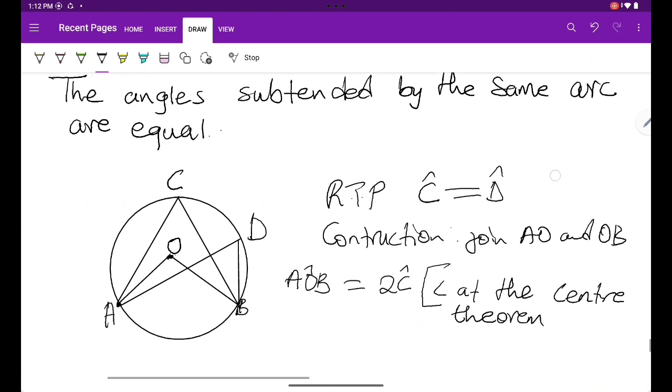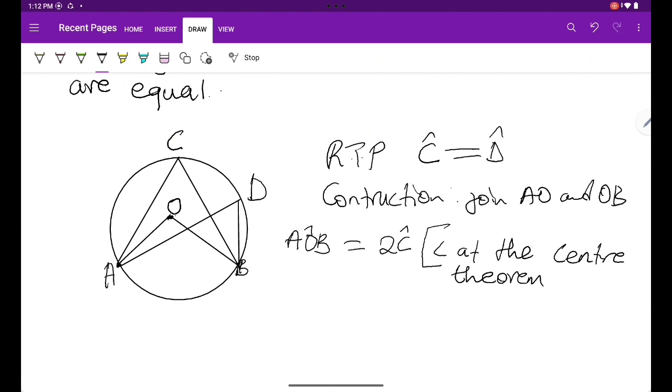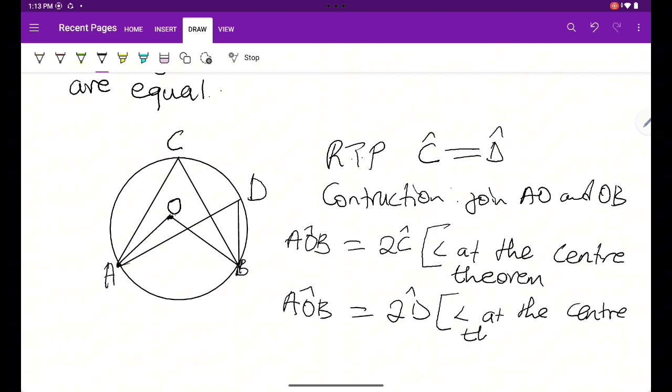Right, now the same thing applies. Angle AOB again is twice angle D. Same reason, angle at the center theorem.